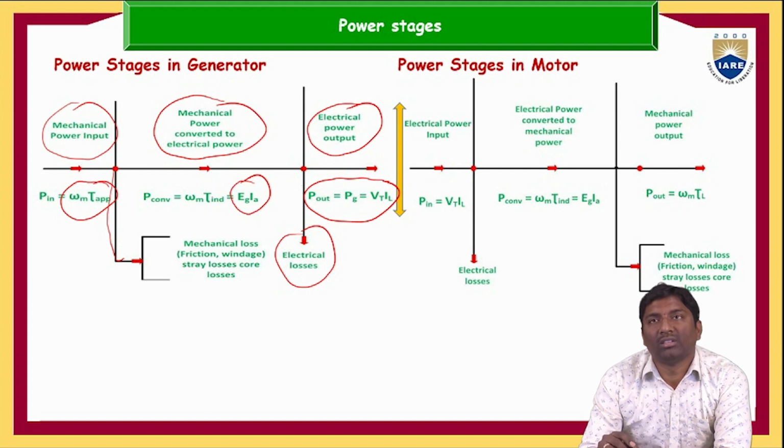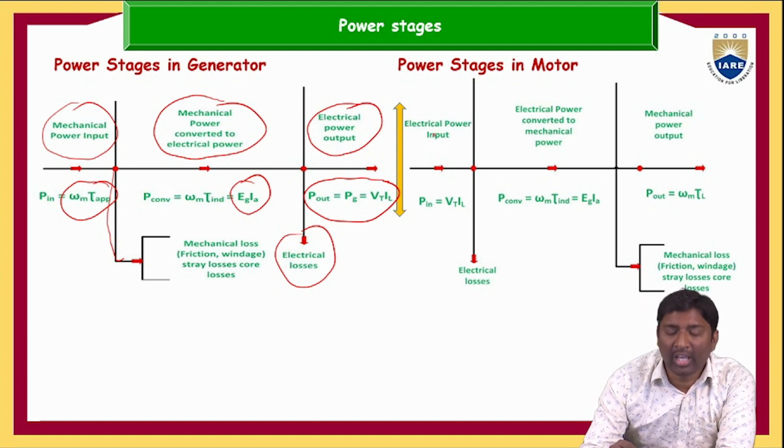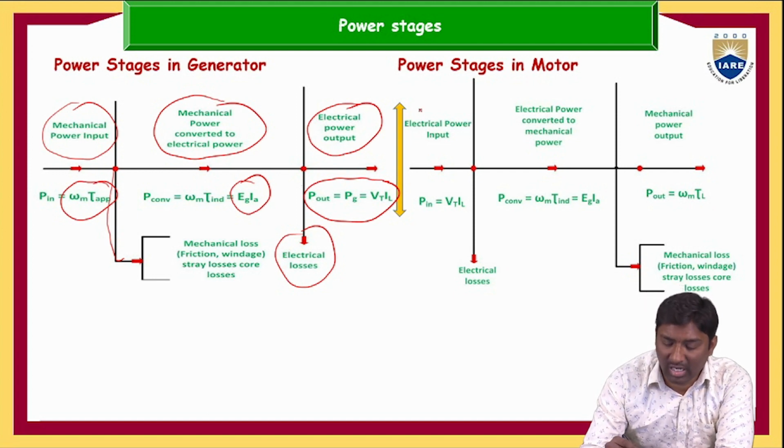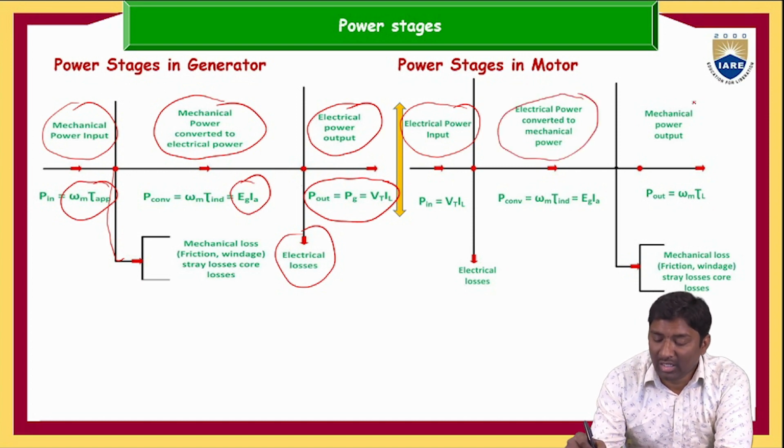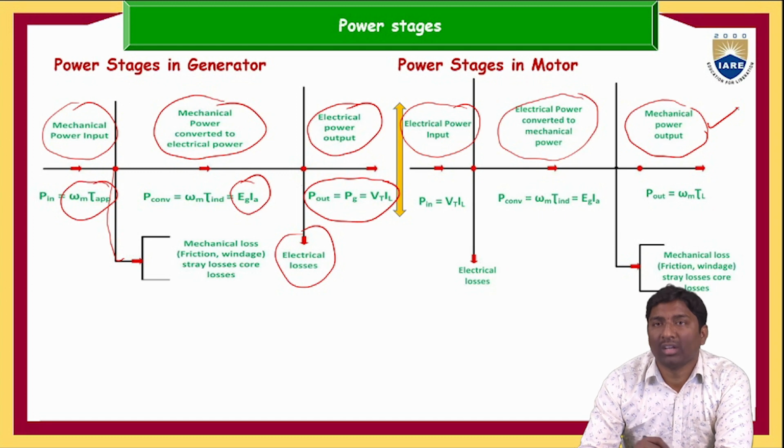Coming to the motor power stages, the input of the motor is electrical power, and in the conversion process the electrical power is converted into mechanical power, and we get mechanical power as the output. Here also three stages are there.